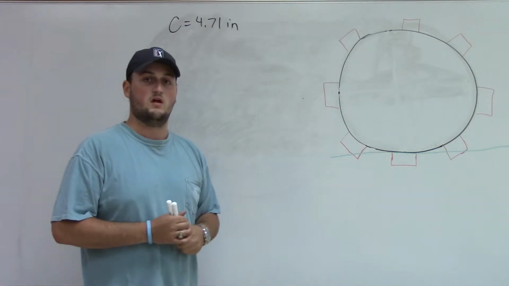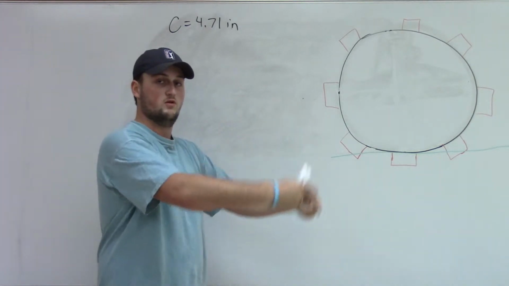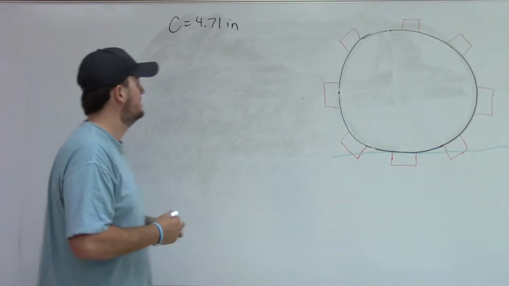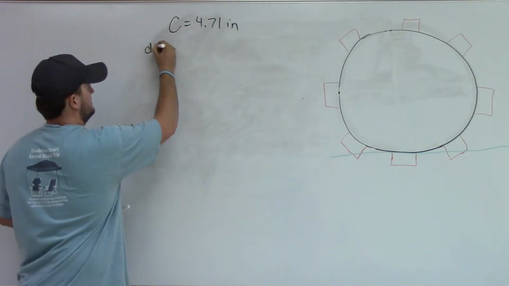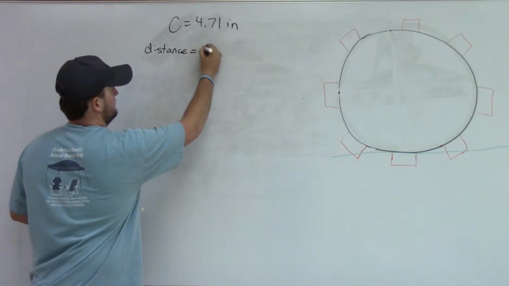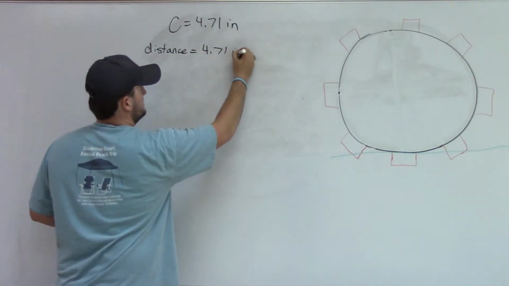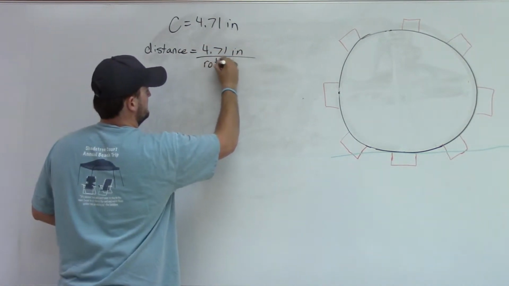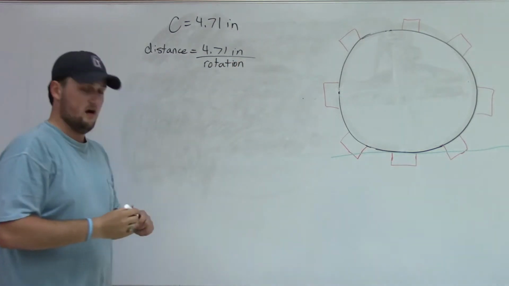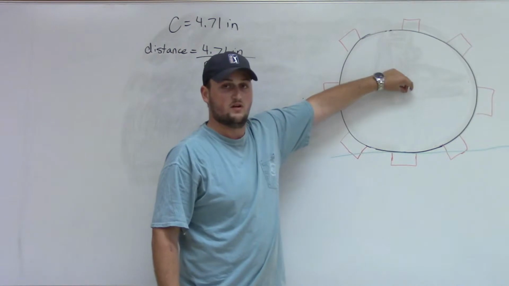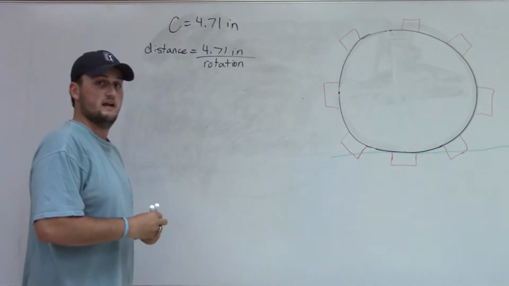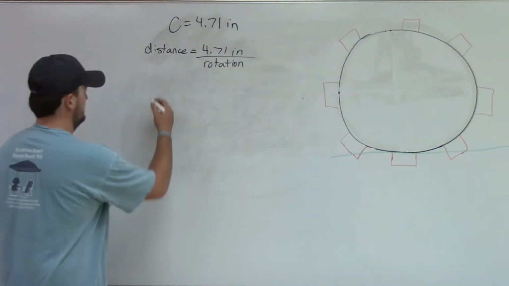Now that we know the circumference of our wheel is 4.71 inches, we can think back to the bike tire example, that every time the tire rotates, it travels one circumference. So the linear distance of travel for this wheel is 4.71 inches per rotation. Now, we mounted a motor to turn this wheel right in the center of the wheel, and that motor is rated for 200 RPMs.